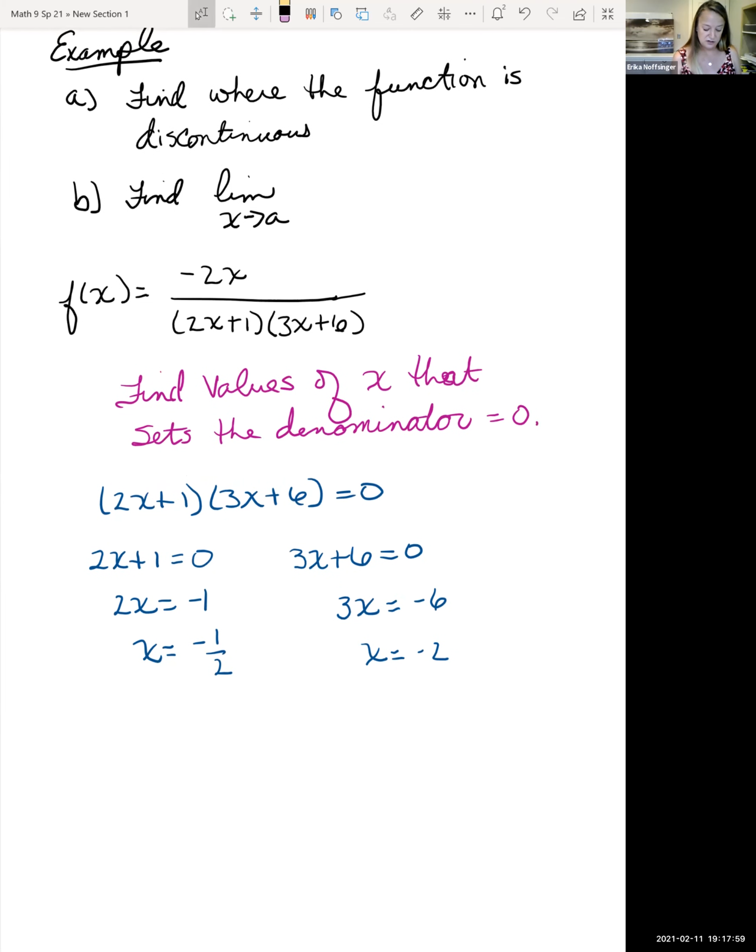Okay, so there's two places where it's undefined, it's not in our domain, so that means something's happening at those values. So it's discontinuous at x equals -1/2 and x equals -2.